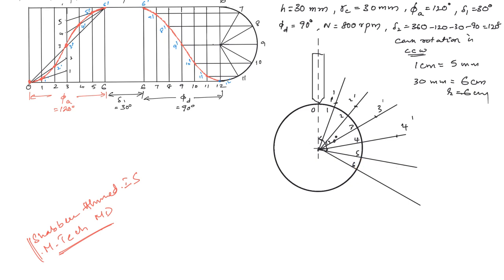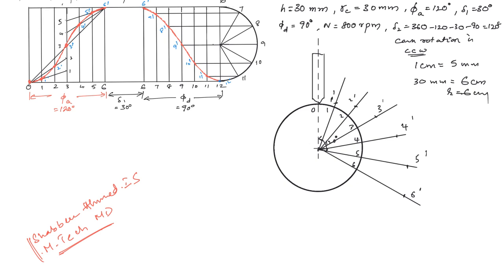Finally measure the length 6 dash and mark it on this line from point 6. So we have marked the points for the ascent of the follower.